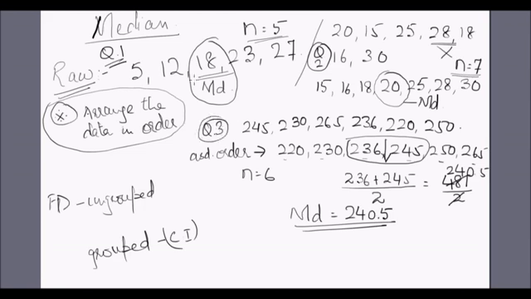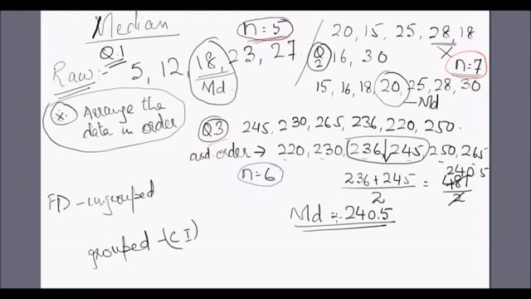In questions 1 and 2 my number of data was odd. Let me pick a different color, so it was odd here and odd here as well. Whereas if we take the third question, the number of data was even. You see, we have n equal to 6.